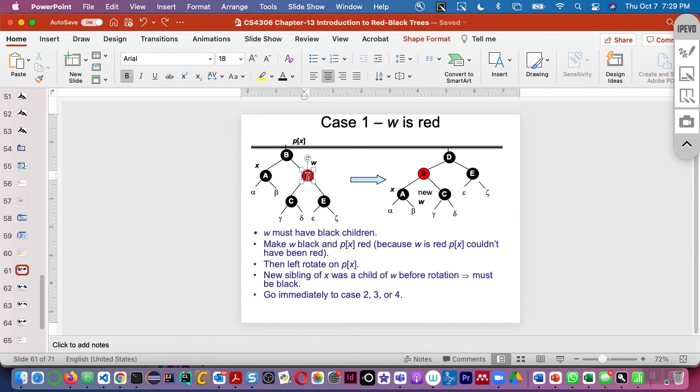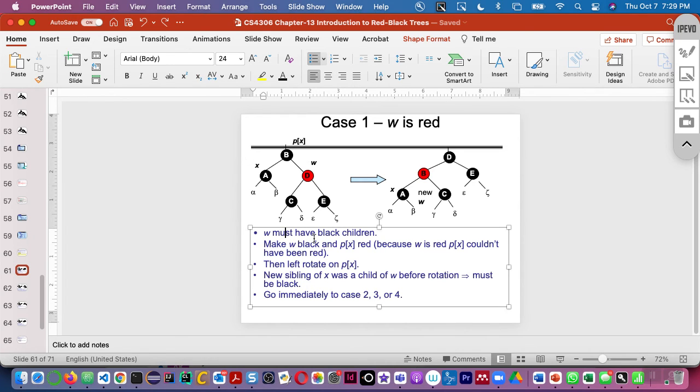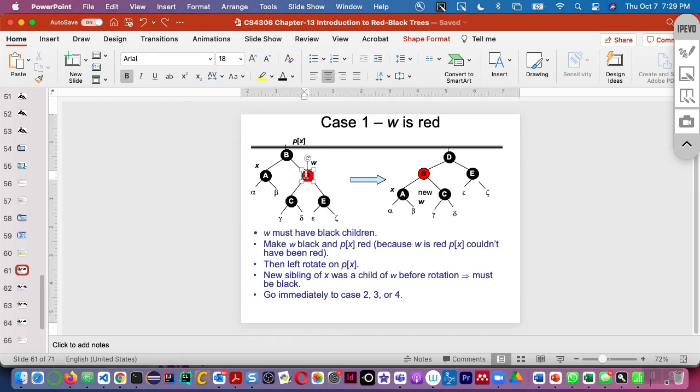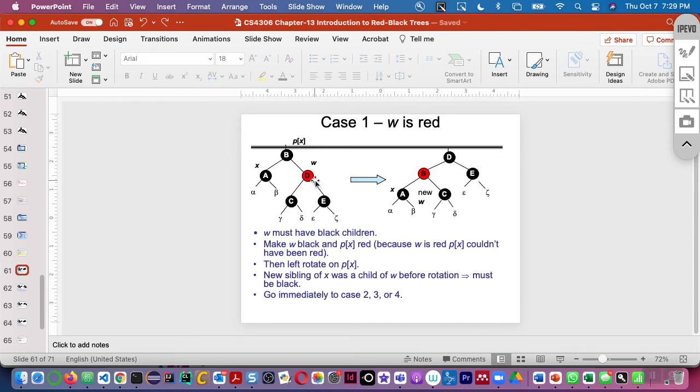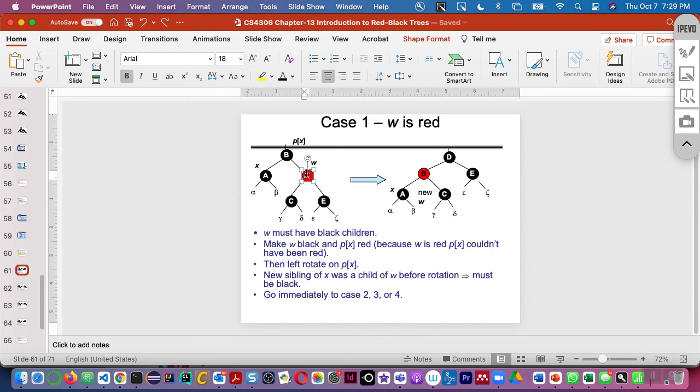If this one is red, then this red has black children.